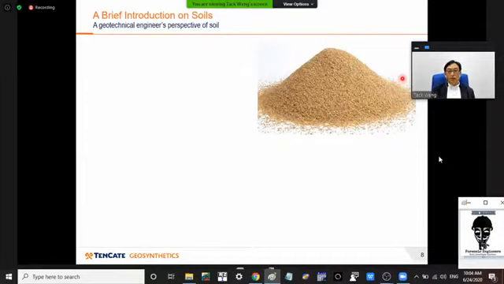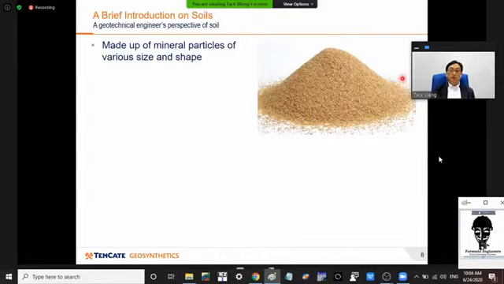What is soil? Soil is a very complicated material, and engineers often encounter soil in slopes and foundation design. Soil can also be a construction material that engineers have to deal with. And I will give you a geotechnical engineer's perspective of what soil is now. It's made up of mineral particles of various size and shapes.